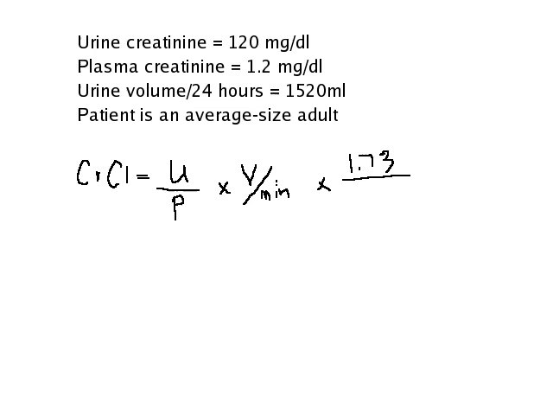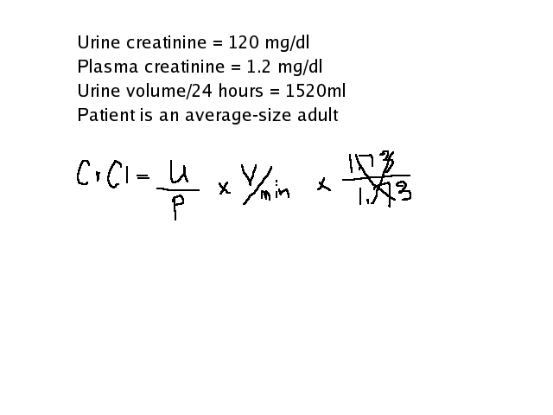And then the patient is an average size adult, so we are to assume that their body surface area is 1.73. So if you take a look at this, this is going to end up equaling 1, and anything multiplied times 1 is itself, so we really don't need to do this in this equation.